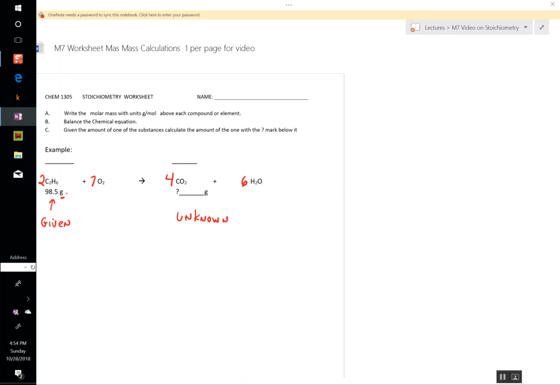Now, the coefficients don't give us gram-to-gram relationships. They give us mole relationships. Basically, what it says is that for every 2 moles of C2H6 that reacts, we're going to get 4 moles of CO2. That's what those coefficients are telling us. And we need to know that to solve this problem.